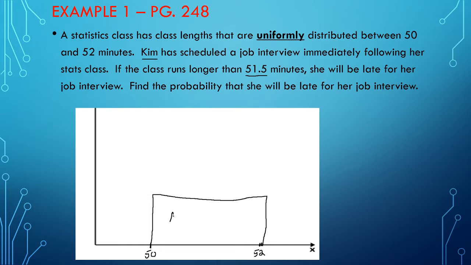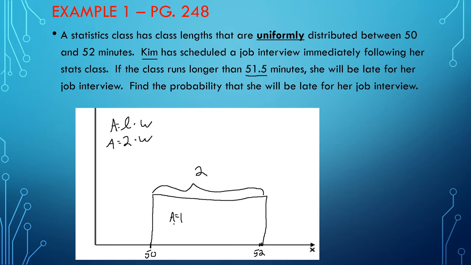So if I know that the area has to be equal to 1, and I know that it goes from 50 to 52 minutes, well, that means that the length of this rectangle is essentially 2, right? 50 plus 2 is 52. Now, doing some basic geometry here, the area of a rectangle is length times width, or base times height, if you called it that. So the area of this rectangle, if the length is 2, is 2 times w.